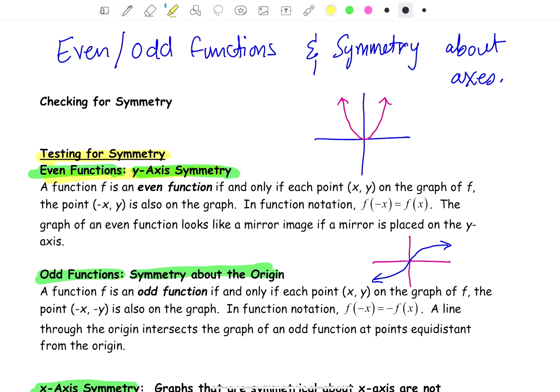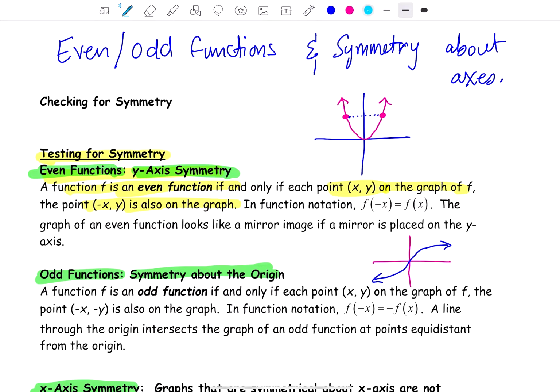A function is even if (x, y) is a point on the graph of the function, then (negative x, y) is also a point on the graph of the function.